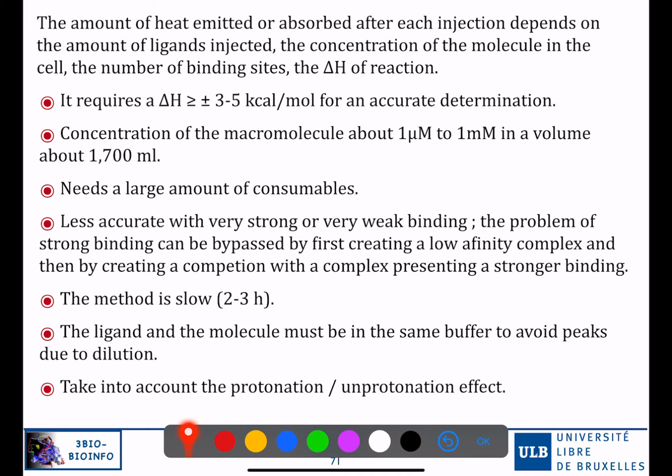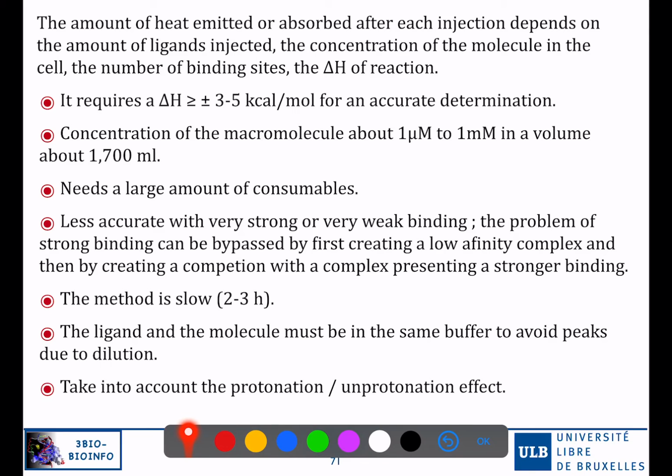Okay, so here you have some general information about the conditions to use ITC. I will not comment on that in this video, but you can read that for your information. Just one comment. It's about the fact that you must take into account the protonation, unprotonation effect.